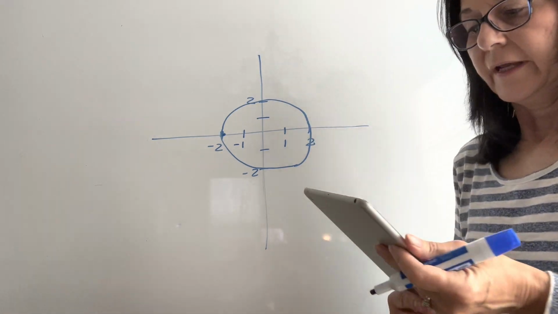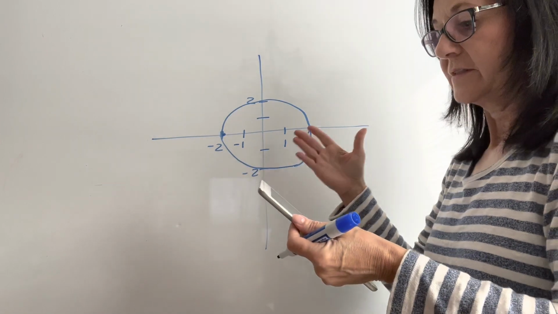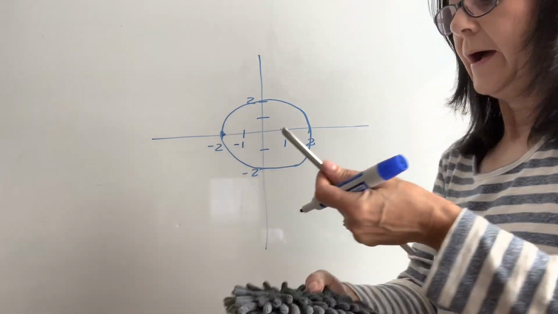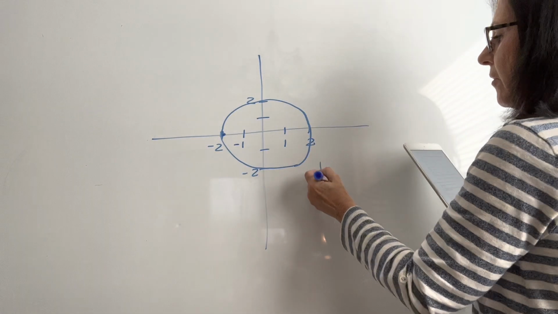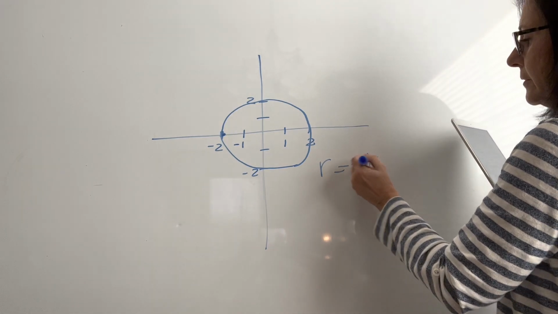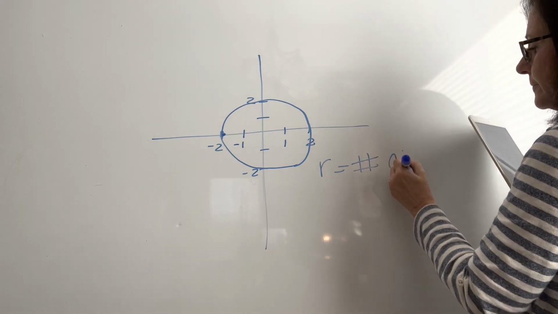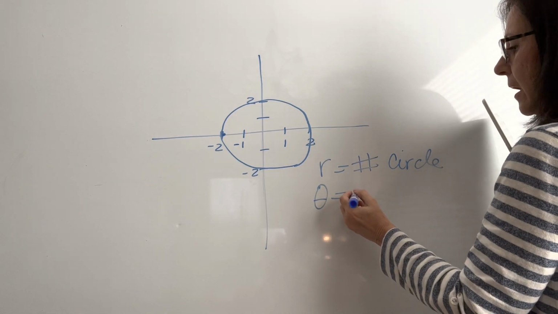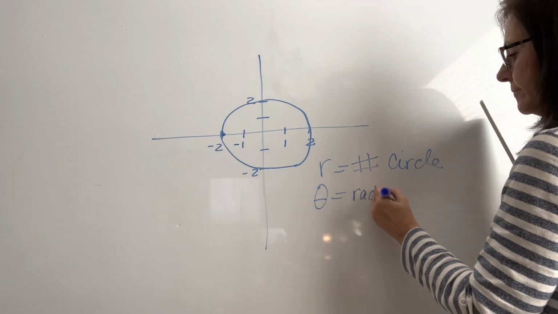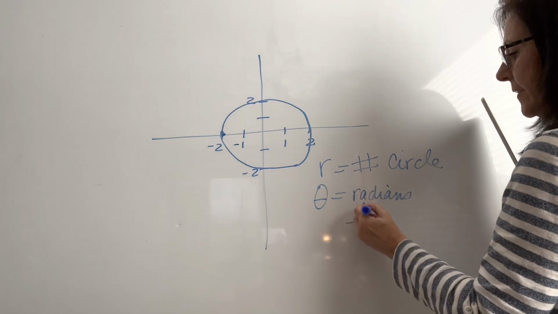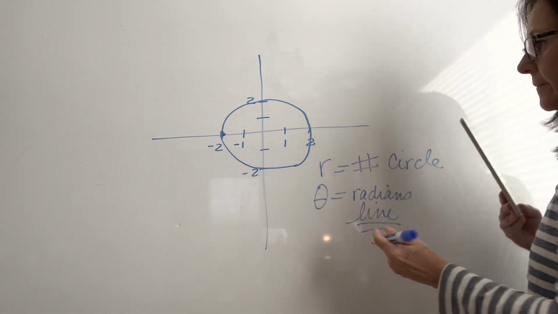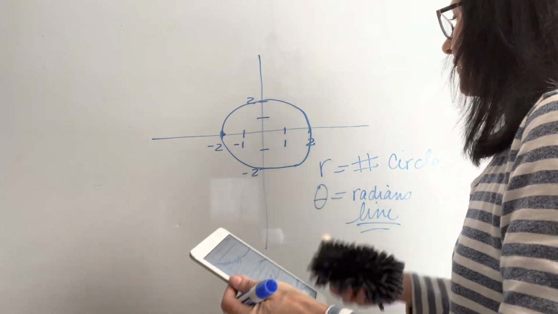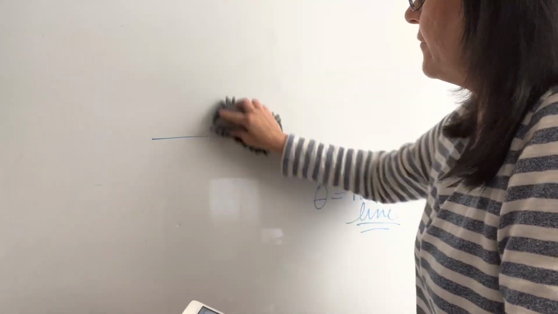All right, 53. So that's r is -2, that's 52. 53. Theta is 2 pi over 3. So r equals a number is going to be a circle. Theta equals radians is going to be a line, at wherever 2 pi over 3 is.